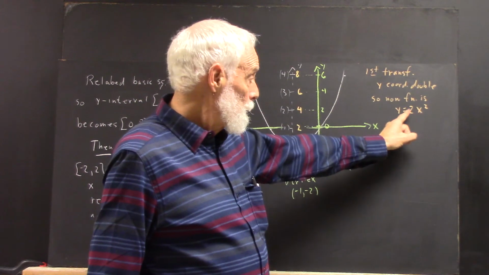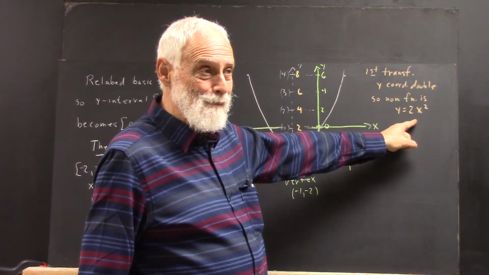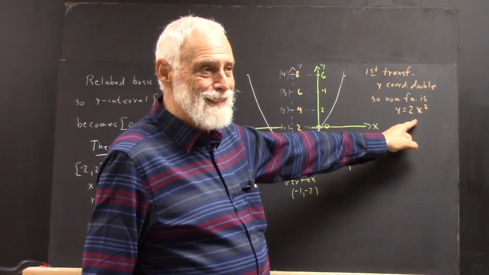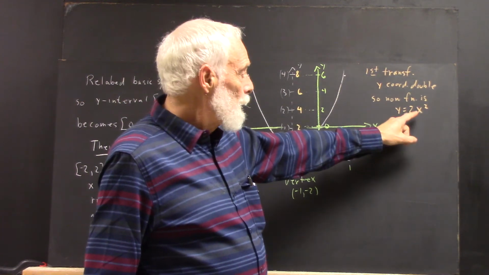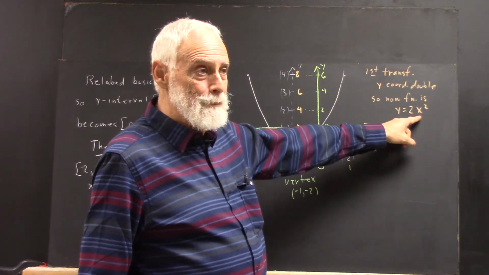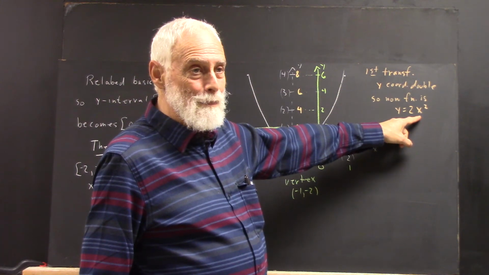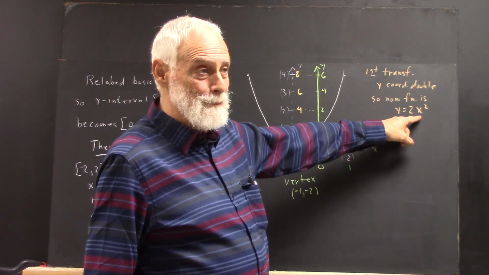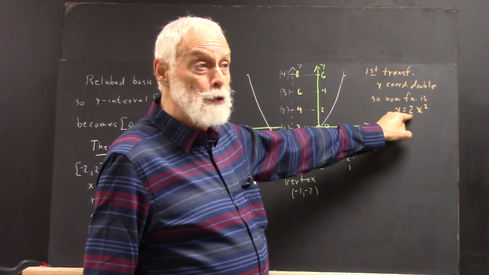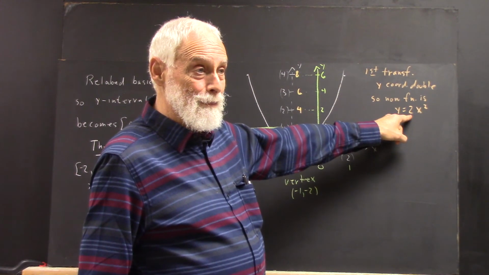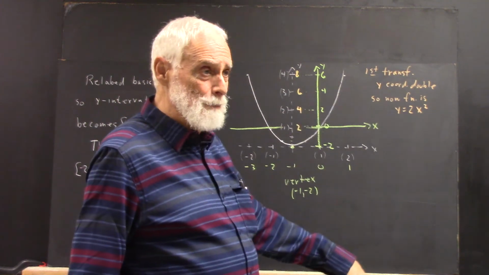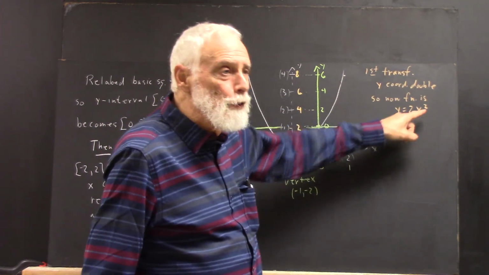2 times 1 is 2, times 2 is 4? No. If x is 1, what's x squared? It's 1, right? You're not squaring the 2. You don't do 2 times 1 first, because you do exponents before you do multiplication.